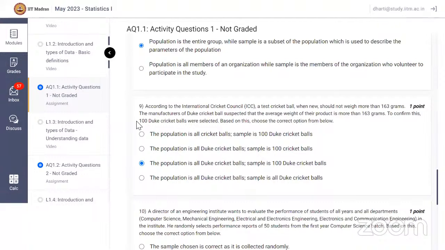I am talking about the population. From the Duke balls only, they have selected 100. The manufacturer suspected that the average weight is more than 163, so they picked 100 Duke balls. Okay, understood. That's why the second line, the manufacturer of Duke cricket ball, is there. Thank you, ma'am.